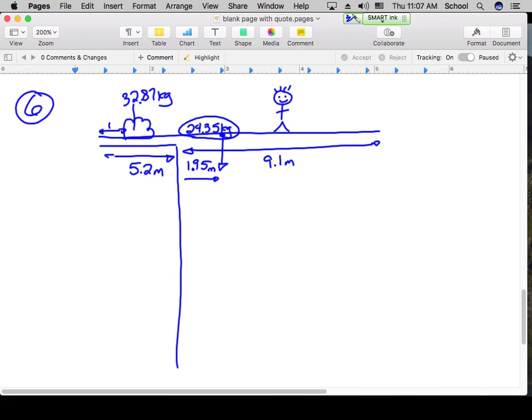We just took the midpoint of the board and then subtracted over. If the midpoint is this far away, we subtract the 5.2 out, and that means it's 1.95. So the weight of the board acts like it's right here.